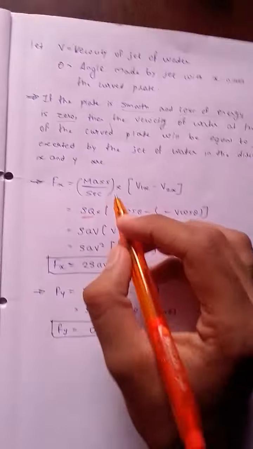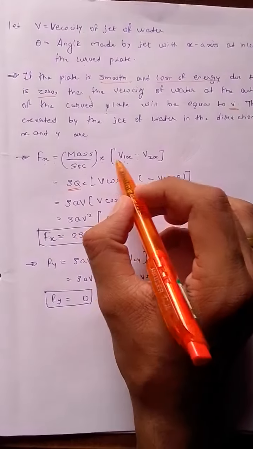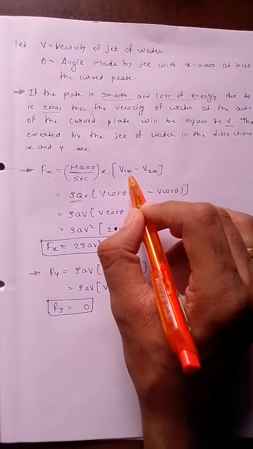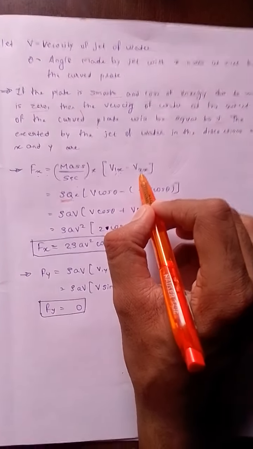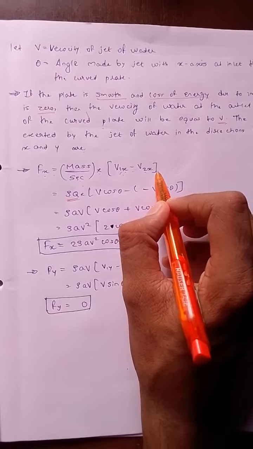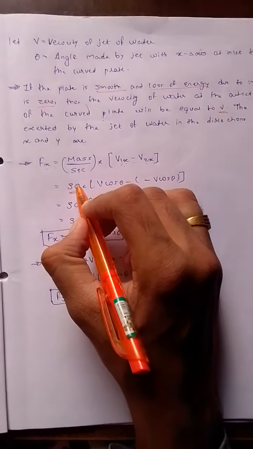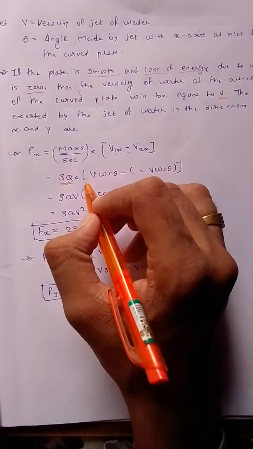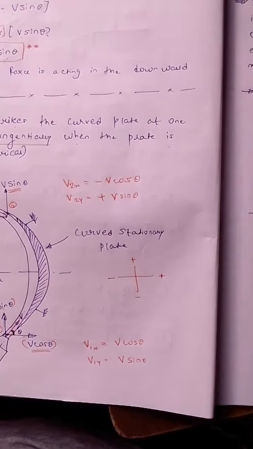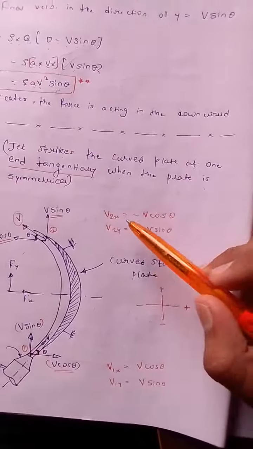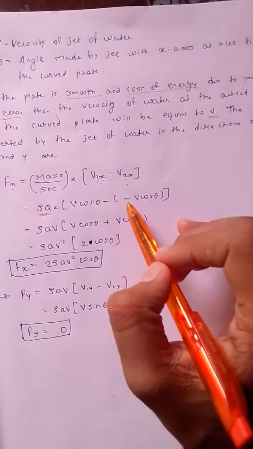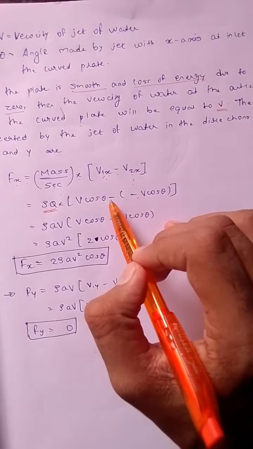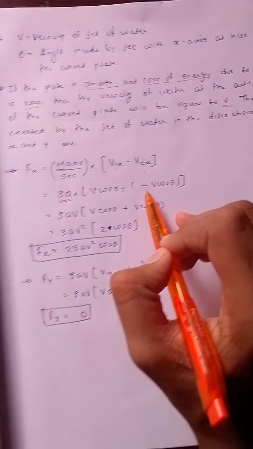As per the equation, mass per second into initial velocity in x direction minus final velocity in x direction. Mass per second is rho into Q, with initial velocity v cos theta, that is v1x, and v2x is minus v cos theta. So minus of minus: one minus is from the formula and the second minus is from the component.